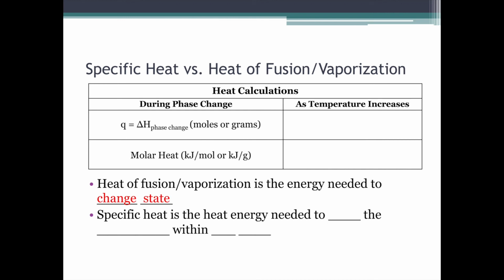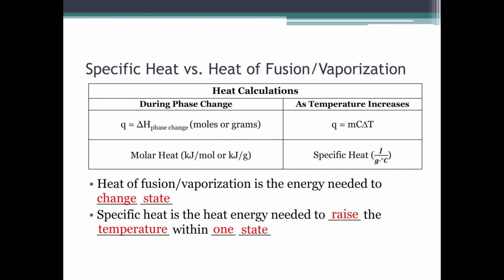Now, as temperature increases, you're using a different calculation. In that case, Q equals mcΔT using specific heat, which is the joules per gram degree Celsius. Specific heat is the heat energy needed to raise the temperature within one state. So, when you're looking at heat calculations, you have a decision to make on which equation you're going to use.